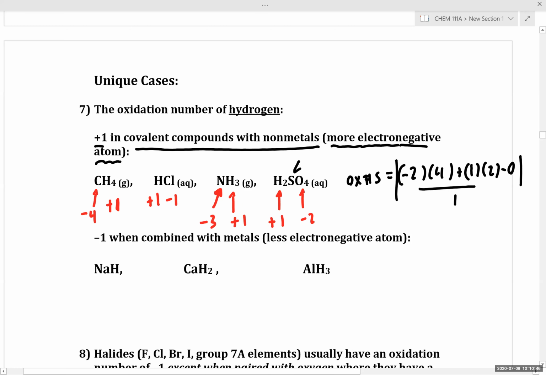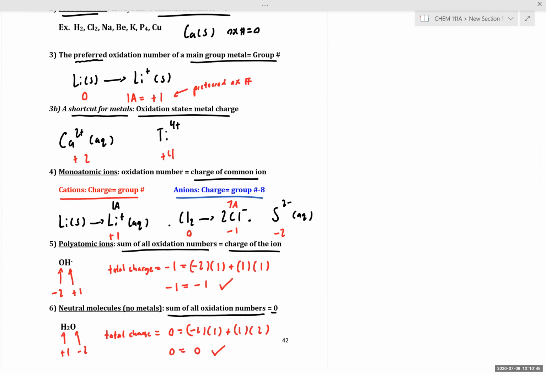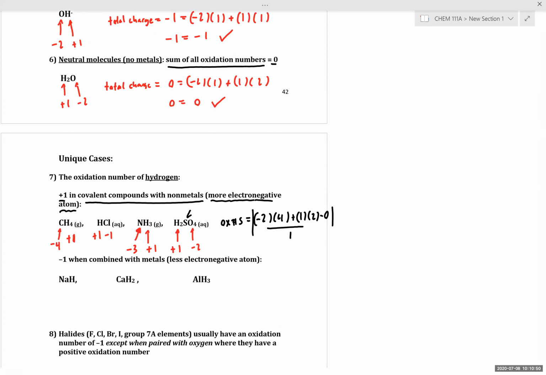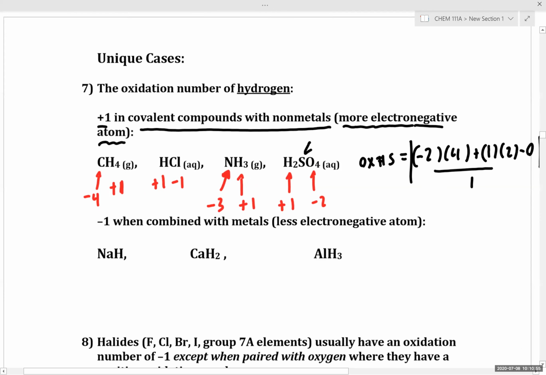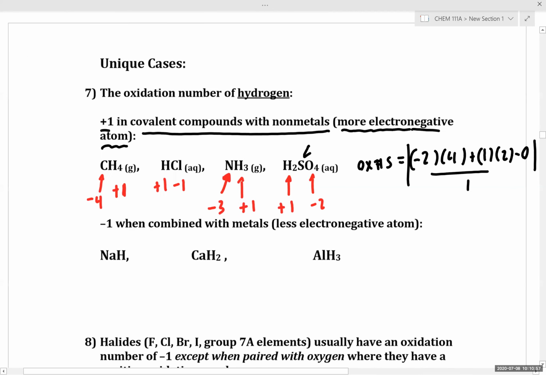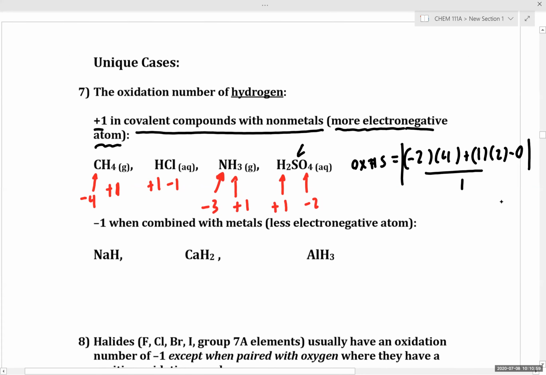And that in turn gives us an oxidation number of sulfur equal to +6.